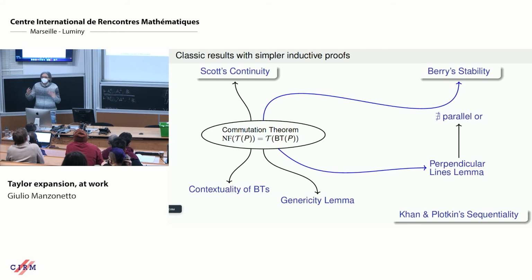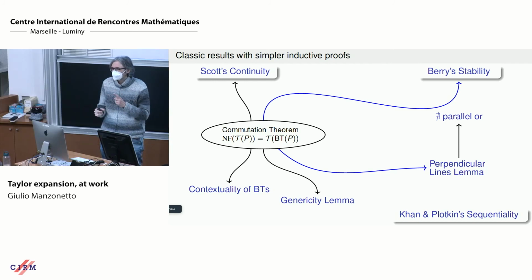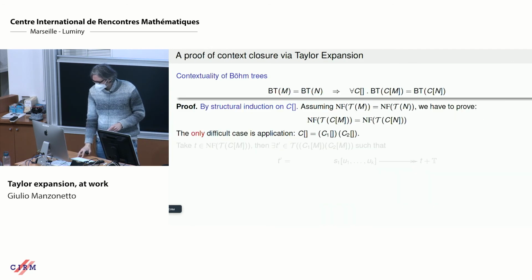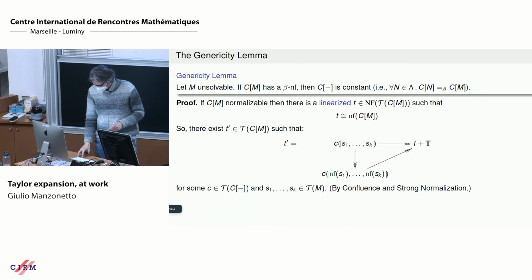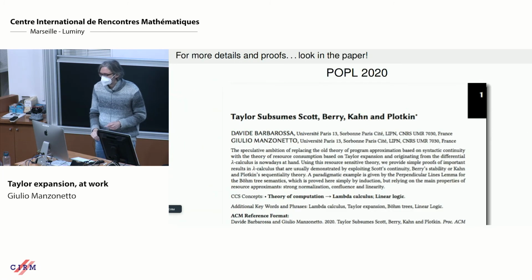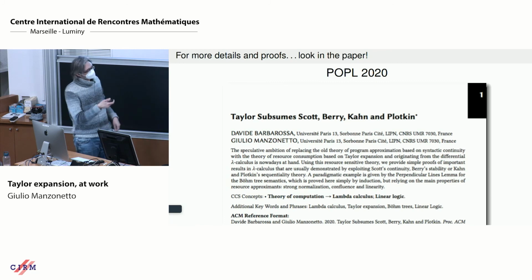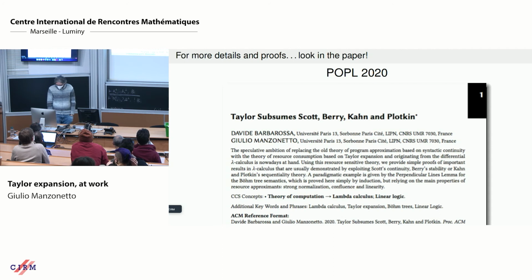And I say that these proofs are simpler in the sense that we basically use confluence, strong normalization, and linearity. These are the three ingredients of all these proofs, which I don't have time to show now. So if you want to look at the proof, just read the paper.